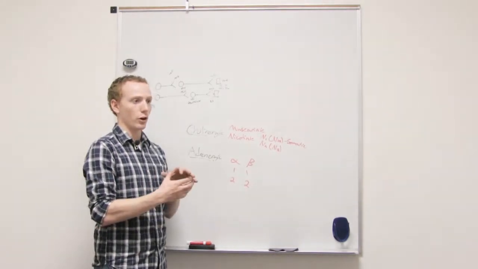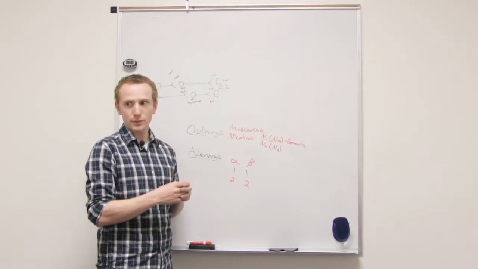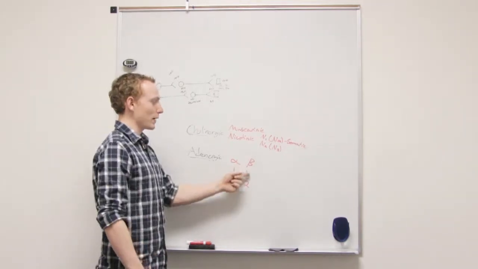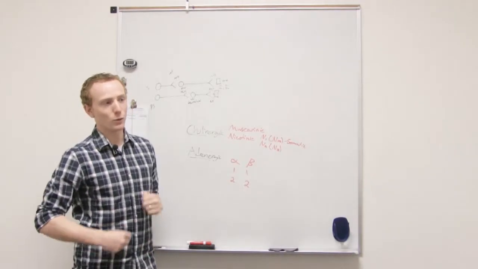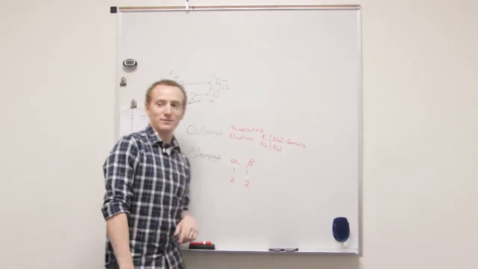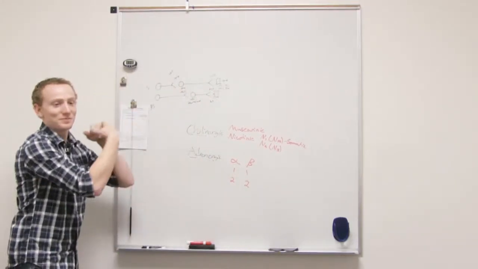So if beta 2 was on our heart, the adrenaline would slow down our heart. Luckily that's not the case, and they're beta 1, so they excite. That means we can run faster, so we can hopefully get away from the bear. Playing dead could work, whatever.